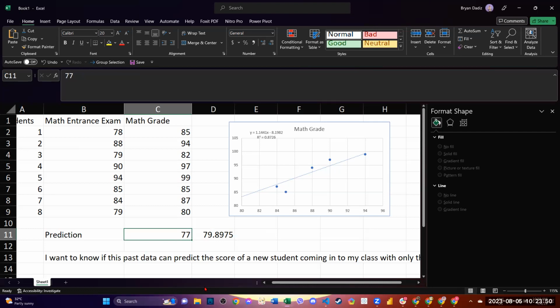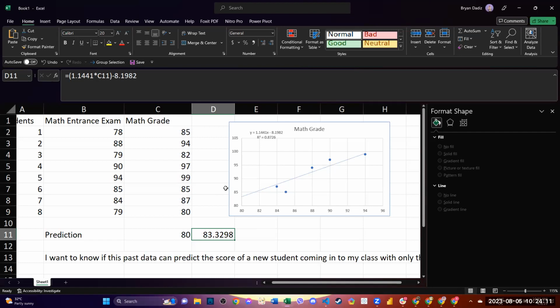But if I'm very strict, I will accept all the students with a grade of 80 on the entrance exam because I still have an error of 12%.